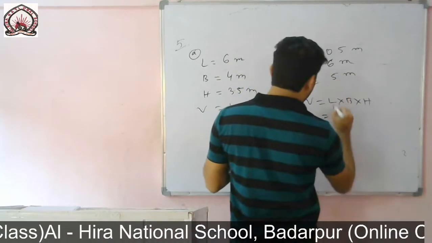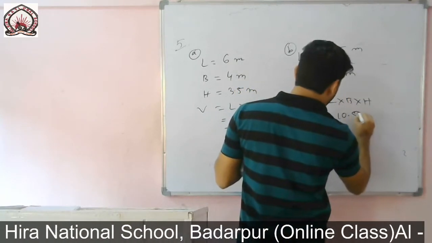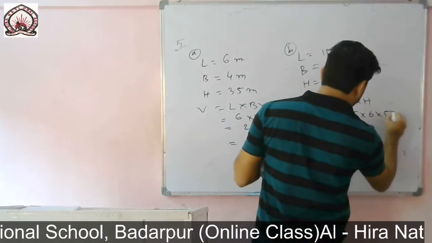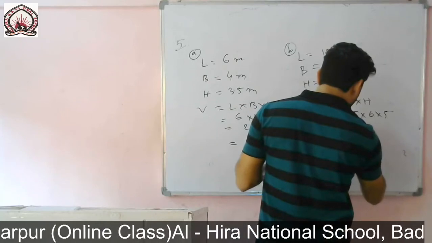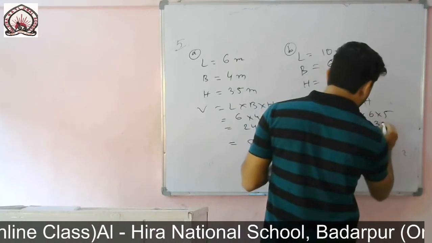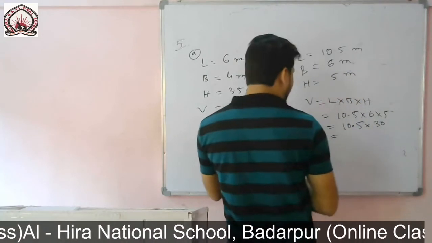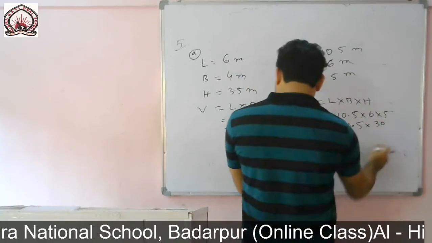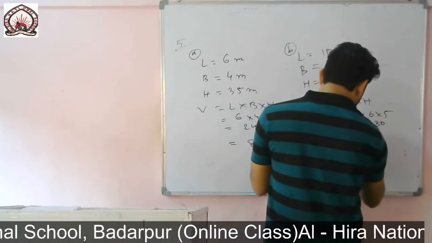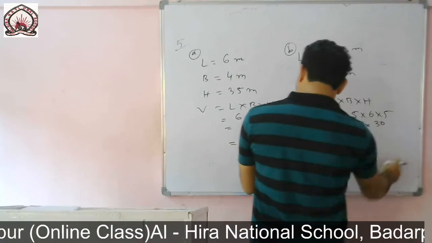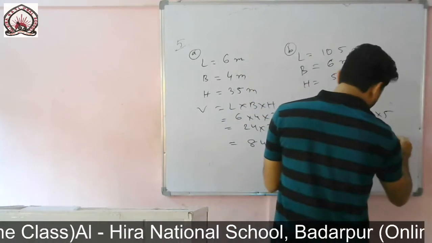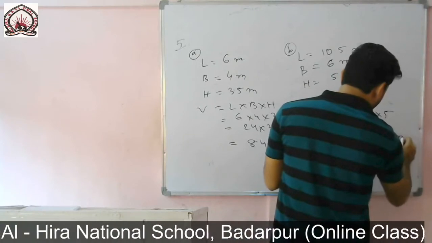Okay, so volume will be 10.5 into 6 into 5. Okay, so if you multiply, you keep 10.5 as it is. You multiply 6 into 5, 30. Okay, and 30 into 10.5, you will get answer 315. If you multiply, then you will get 315 cubic meter.